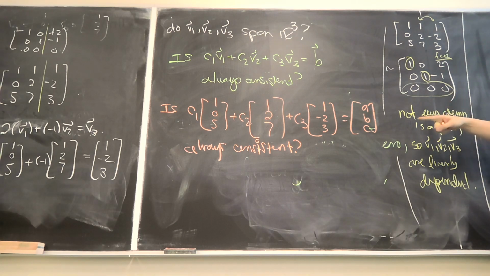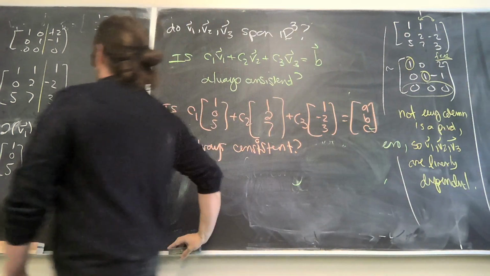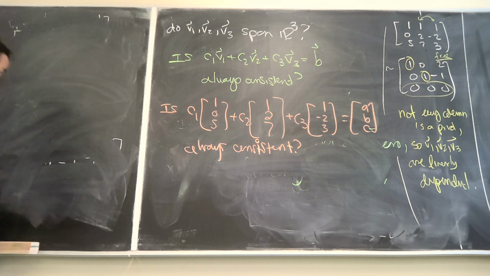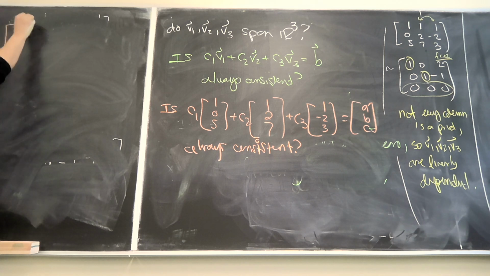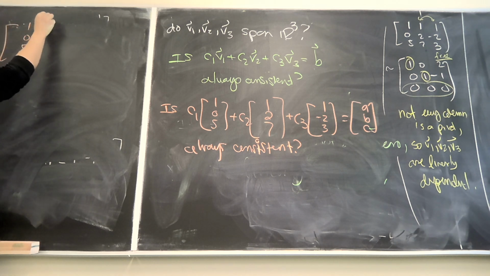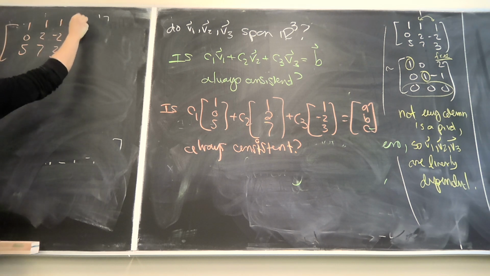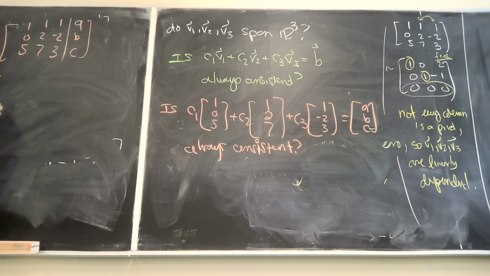So what will happen is, if you put this equation into its matrix form, it would look like this. So you could write down (1, 0, 5), (1, 2, 7), (1, -2, 3), and A, B, and C. And when you row reduce this, you're going to get the same matrix that you get when you row reduce this.